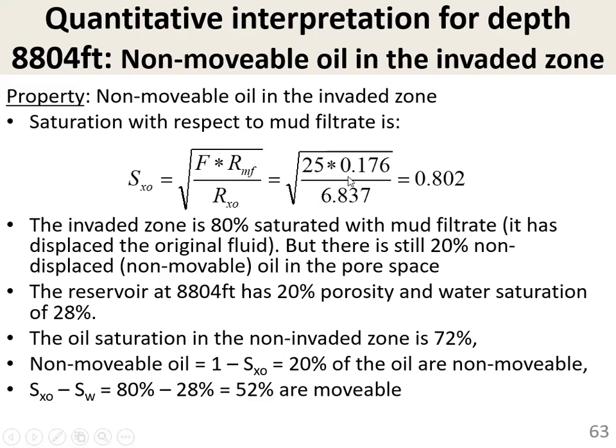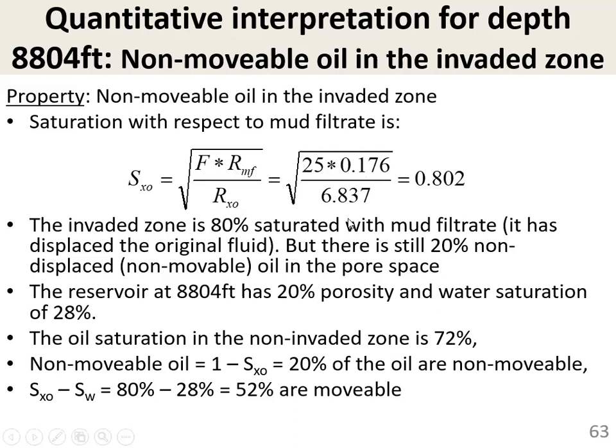But here, instead of the resistivity using the red line, we use one of the curves just ahead. This is the flush zone resistivity. This is obtained from the mud filtrate. And then this is obtained as the flush zone resistivity.